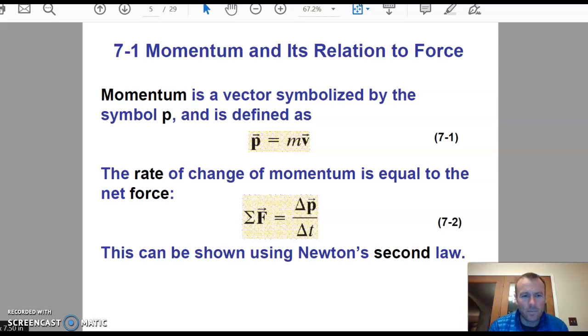So one of the big uses of momentum and why we need to learn about it is it's useful to understand collisions, and it's useful to understand explosions, and it's useful to understand recoil. And so if we think about a couple of football players colliding on the field, both of those players have mass, and they both have velocity in different directions.